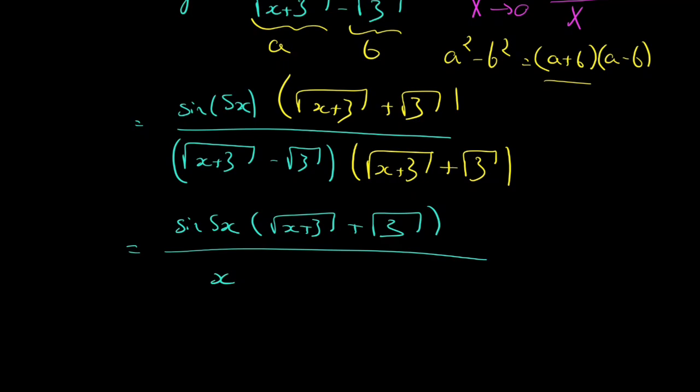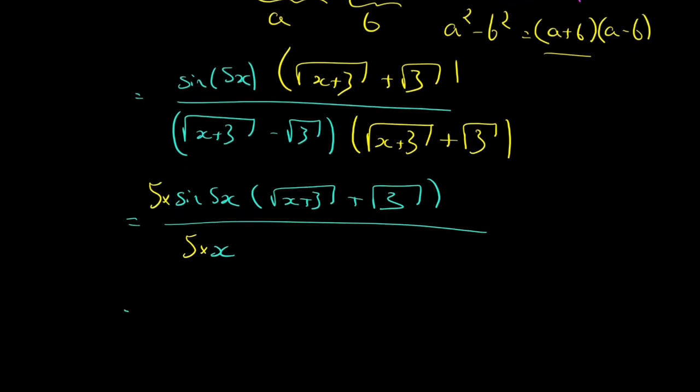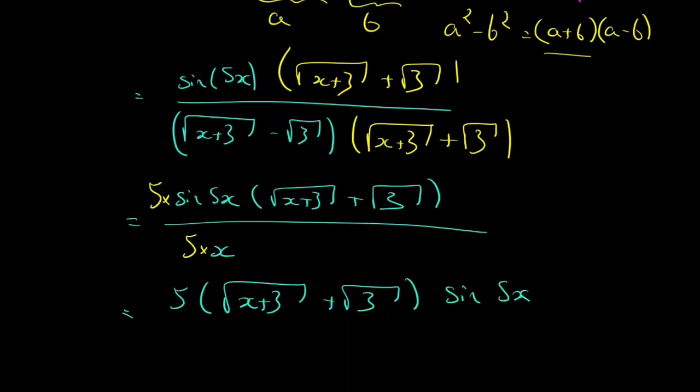And how to do that? We multiply by 5 at the bottom, and we have to do it at the top as well. And now we are left with 5 times square root of x plus 3 plus square root of 3, times sinus of 5x over 5x.